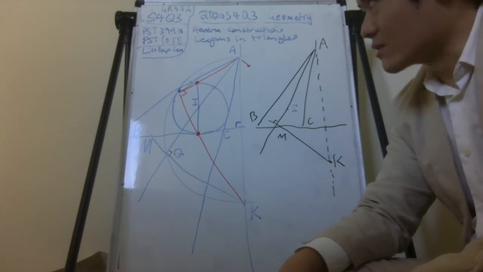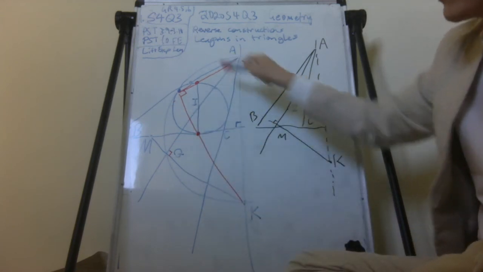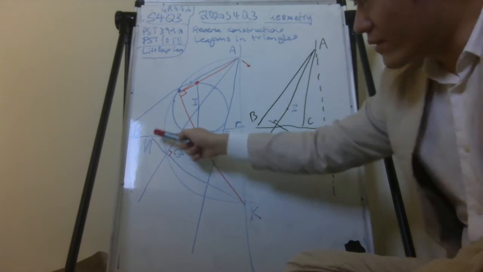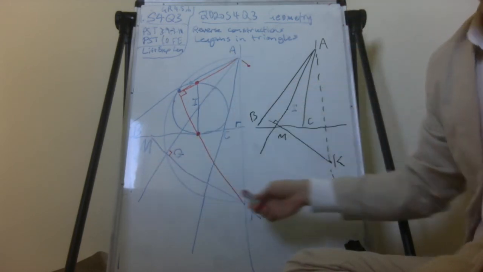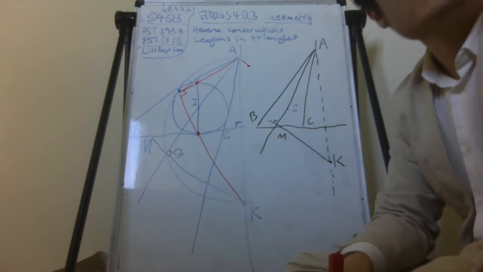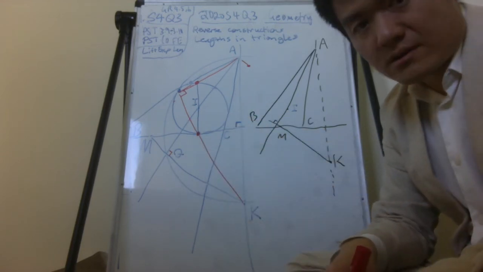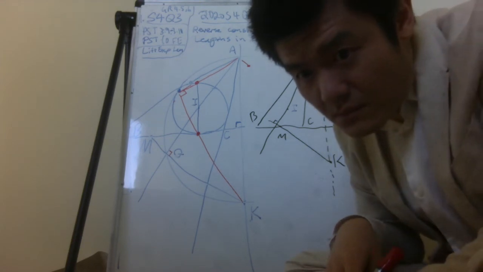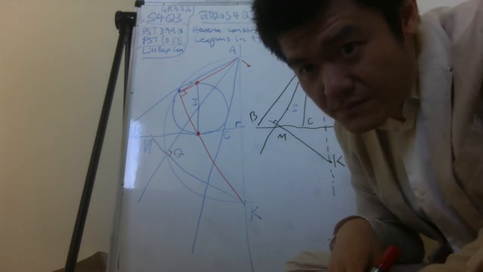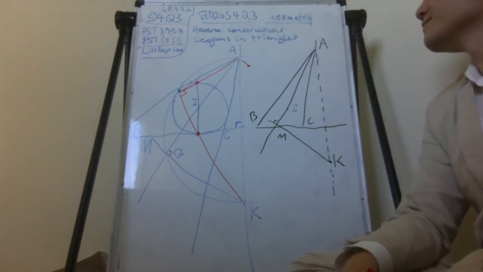And if you could show that M was the midpoint, then you can go in the converse direction and say, if M was the midpoint, you can get this, and it's all back, and then it is what you want. Does that make sense?